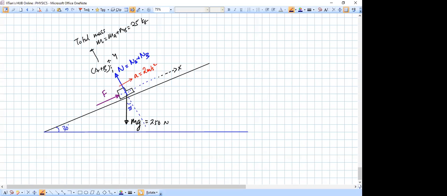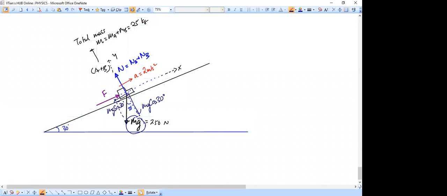Resolve mg. So the components of mg will be like this: this component will be mg cos 30, and this component will become mg sin 30. So this is the key thing now. This free body diagram is the key thing.